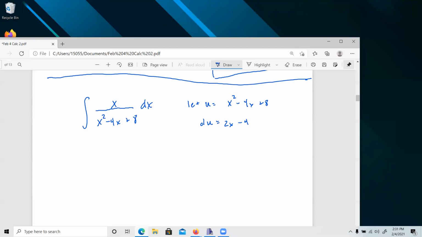What we could do is subtract 2 here and add 2. We're going to have an x minus 2, and I could multiply this by 2 and put a 1/2 out in front. That looks like 2x minus 4, doesn't it? And we have a plus 2 sitting over here. And now we have this integral and that integral.